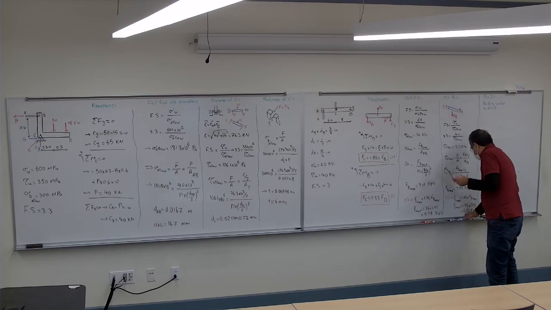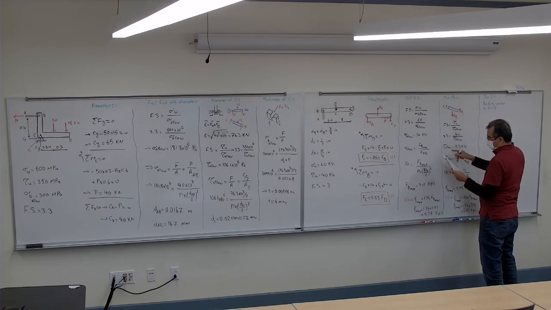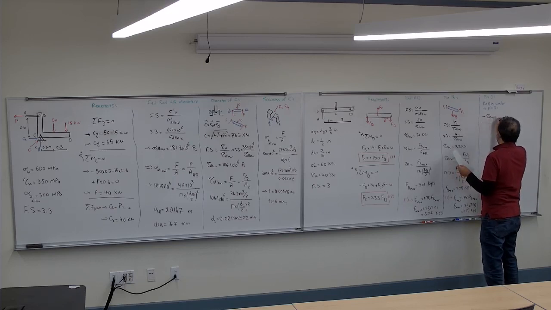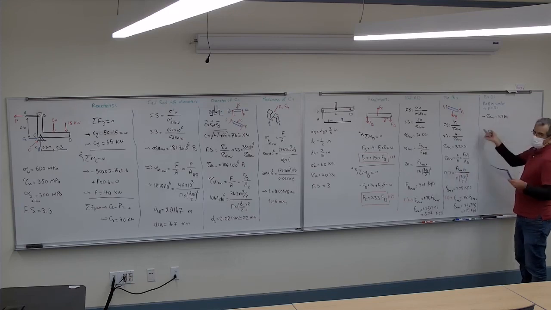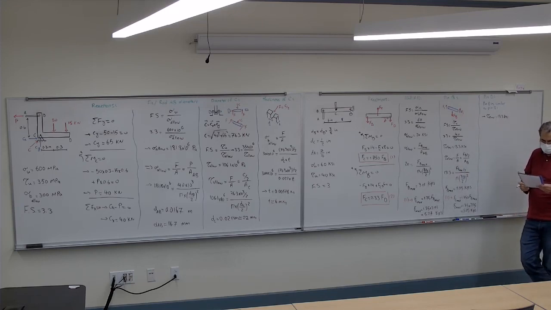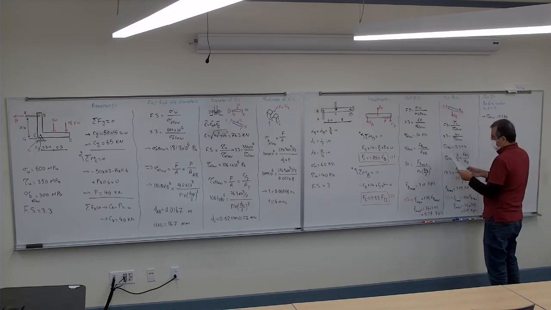So because it's similar, I know that the tau allowable is 13.3. They are the same. And if I write it, it's going to give me the very same magnitude.